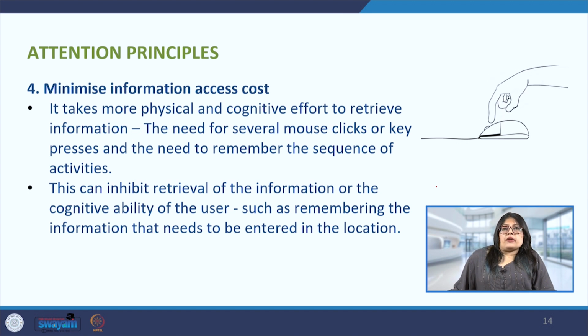Now this can inhibit the retrieval of the information or the cognitive ability of the user. So the user may not be able to remember the information that needs to be entered in that location. So this needs to be taken care of: how do we minimize the information that the user has to retrieve in order to move forward while interacting with the interface.